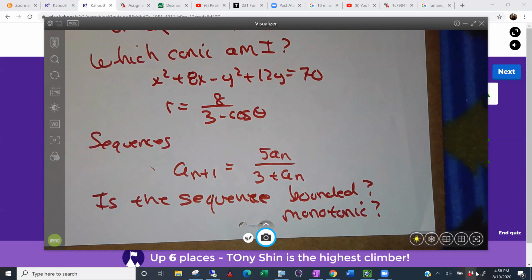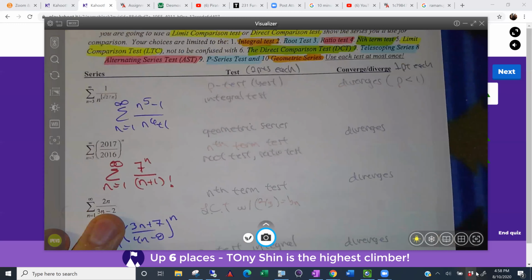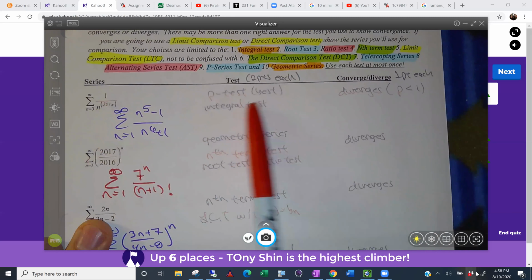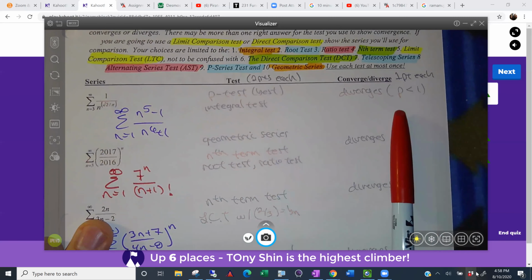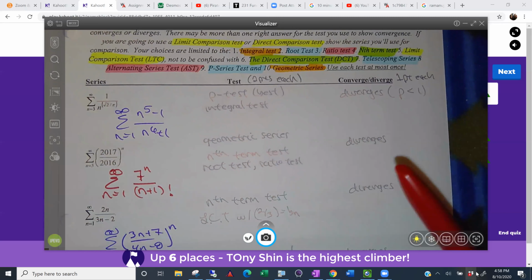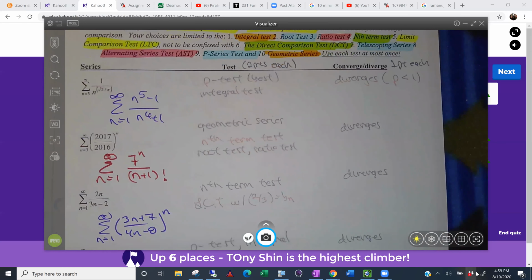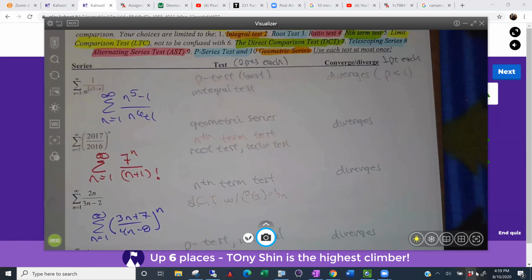But what I could do is that 2-minute drill stuff that we did, where I ask you for a given series to determine what test you would use and a convergence or divergence. Now, there are going to be some for which I do expect all the work shown, so you should be comfortable with showing me your work on all those. One thing we didn't get to practice was the telescoping series test, or the telescoping series, how they collapsed, but that's in there as well.